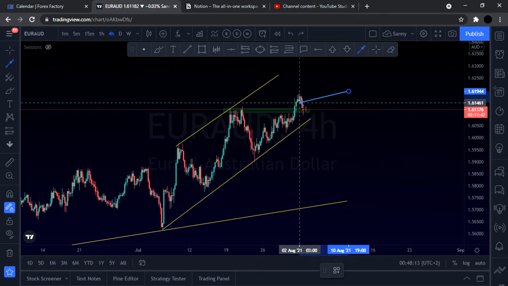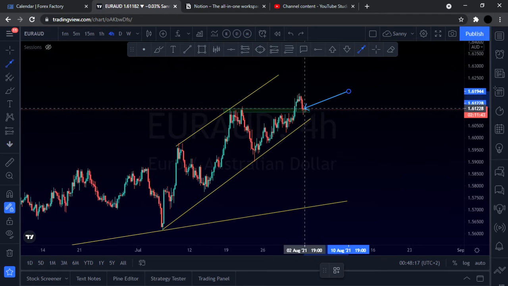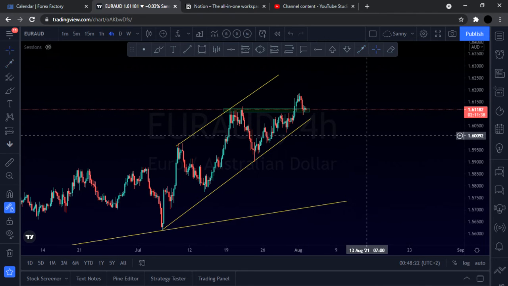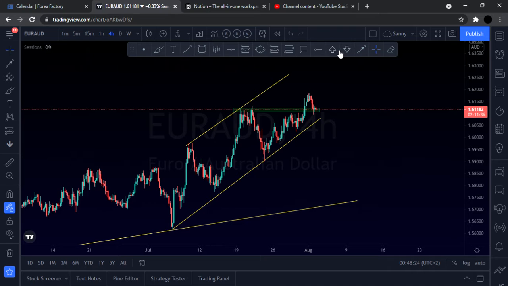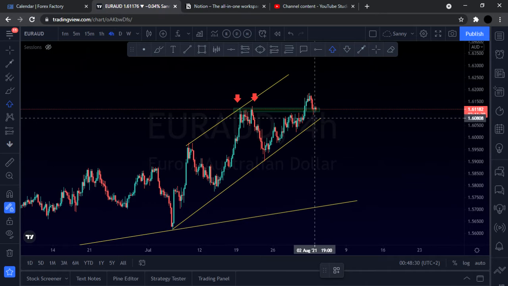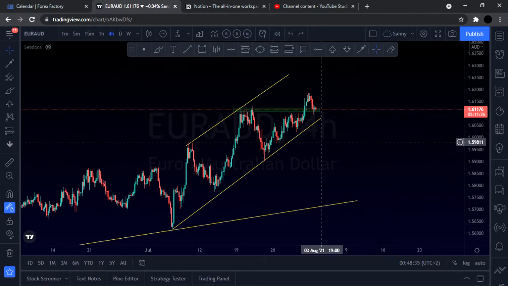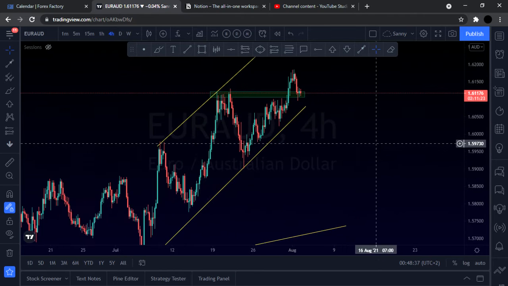As you can see, price stayed up, and then now it came back to retest this area, which was a resistance, now turned support, right? So it's interesting to see what price is doing there.